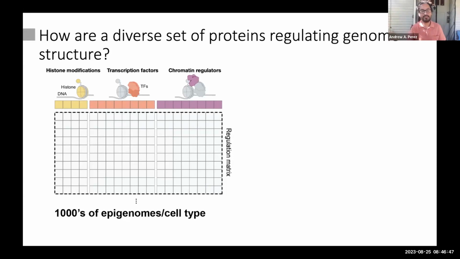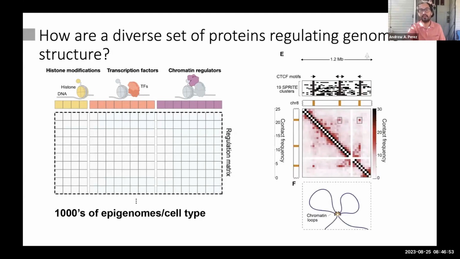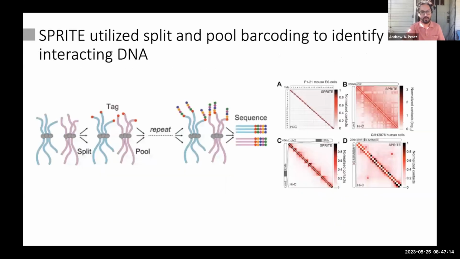There's thousands of proteins, so we need a way to understand 3D structure and how it relates to each protein. One of the most classic examples of this is CTCF, and this has been studied to death, and we're still finding new things about it. This is a good example of how proteins are regulating this 3D structure, but we want to expand beyond CTCF and we want to be able to screen this very quickly.